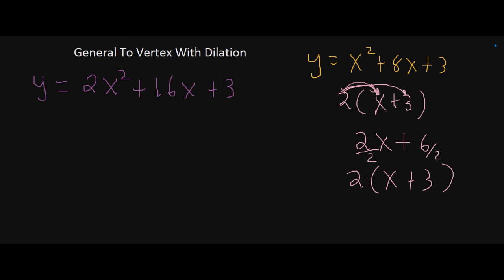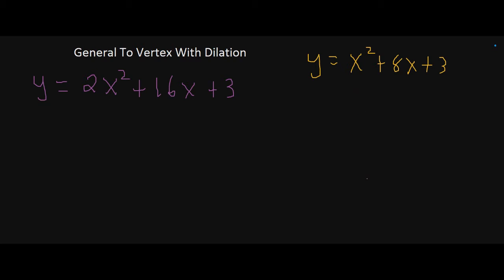All right, so we're going to use that as a guide. Hopefully you wrote that down if you needed it, all right? And we're going to pull the 2 out. So we're going to get y is equal to 2 parentheses, right? And we're only going to do it to the first 2 terms. We purposely don't really care about the plus 3 out here. And the reason why is because, remember, our vertex form looks something like this.